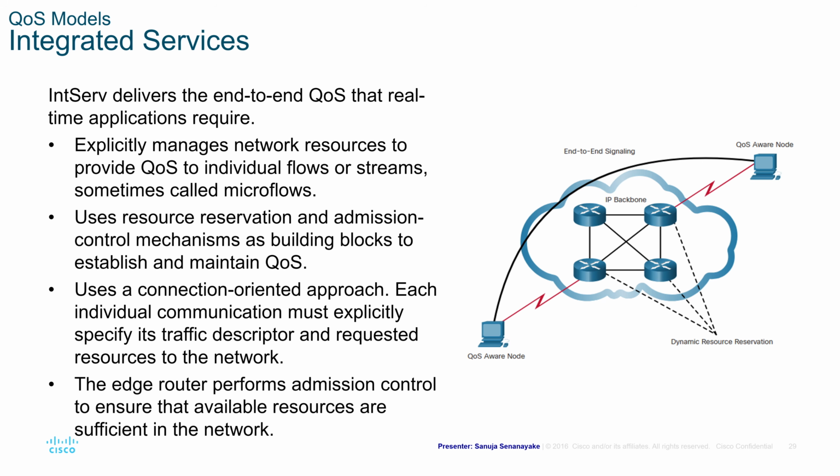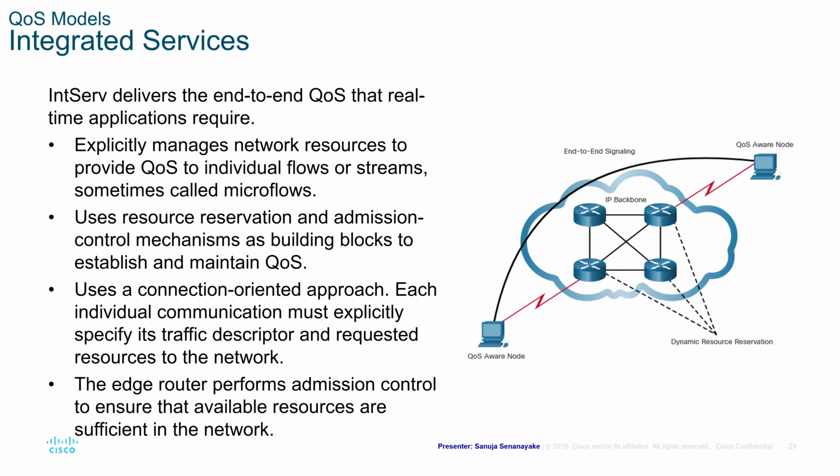Integrated services, or IntServ. The integrated services delivers the end-to-end QoS that real-time applications require. So if there are applications in your network that require real-time needs, this is what it is mostly used for. What integrated services does is explicitly manage network resources to provide QoS to individual flows or streams, sometimes called microflows.